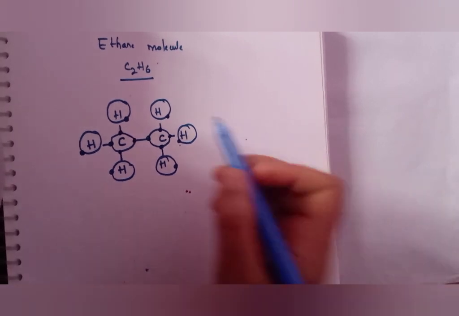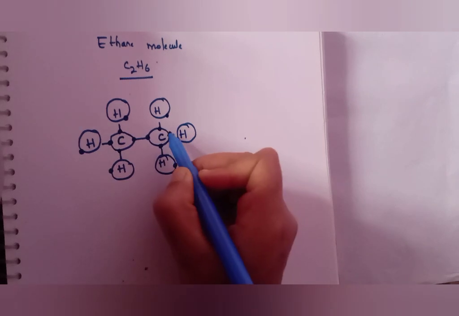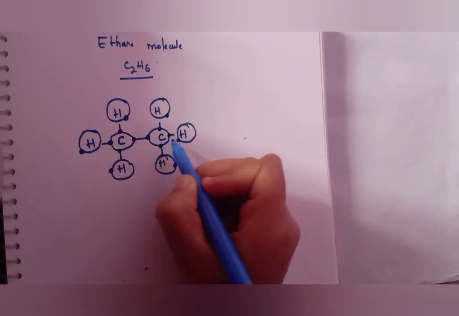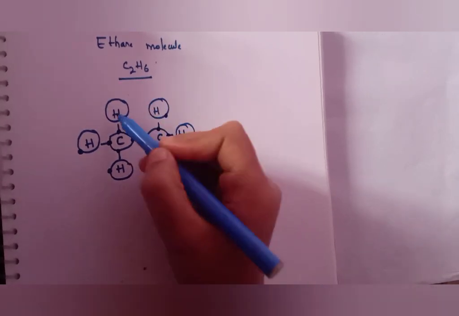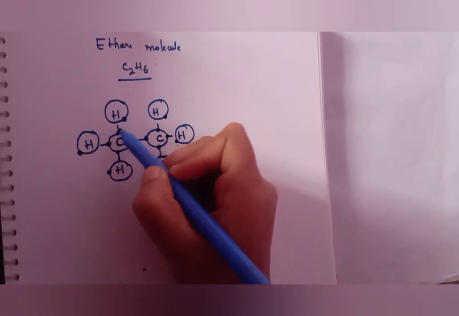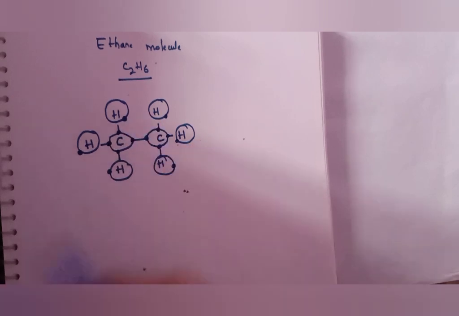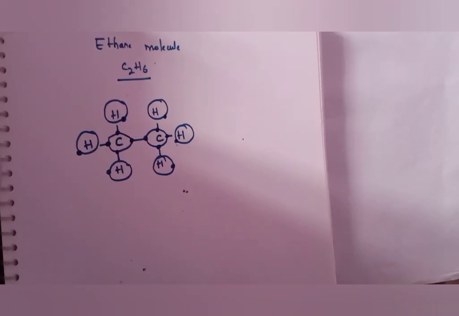So here the carbon has 4 electrons outside. This carbon also has 4 electrons outside. Now if this hydrogen wants to attain noble gas configuration, it has to share an electron with another electron.